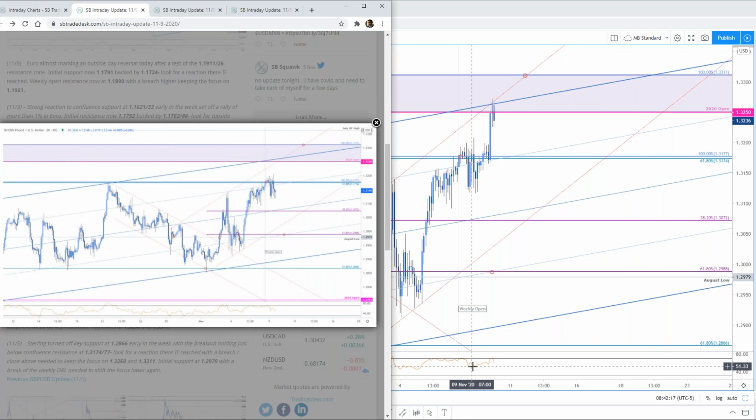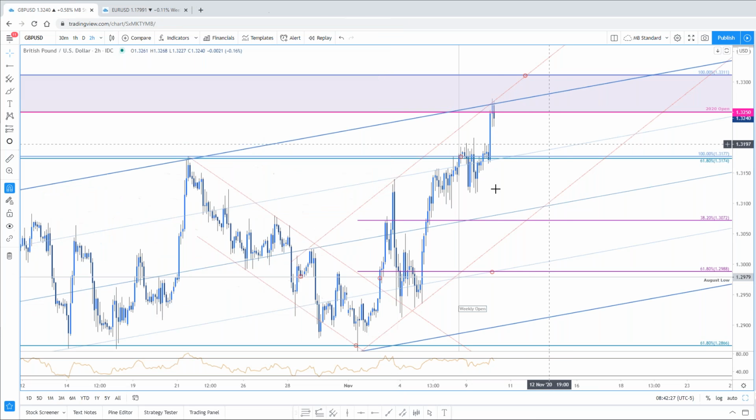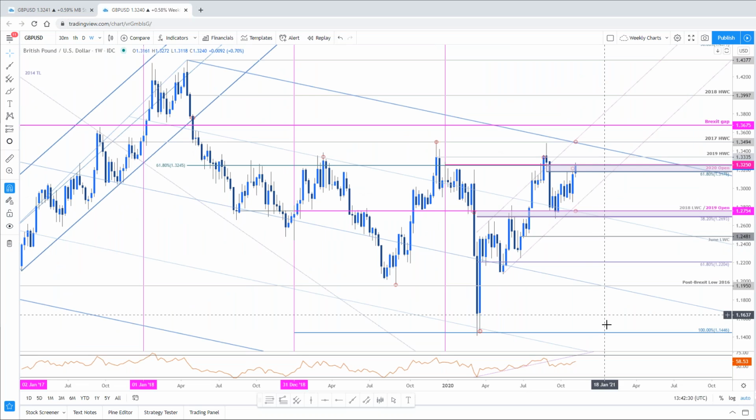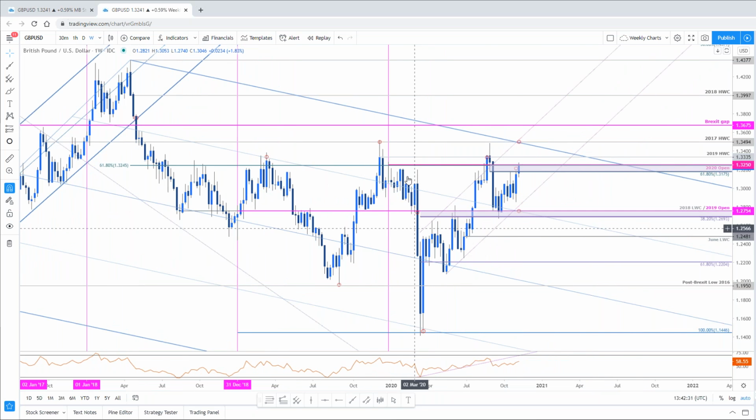Here's what sterling looked like last night. This is objective yearly open resistance at 32.50. Just higher, you got 33.11. That's the 100% longer-term extension I'll show you in a moment, a region of which we're really cautious for possible topside exhaustion. Here's sterling on the weekly. Again, yearly open resistance.